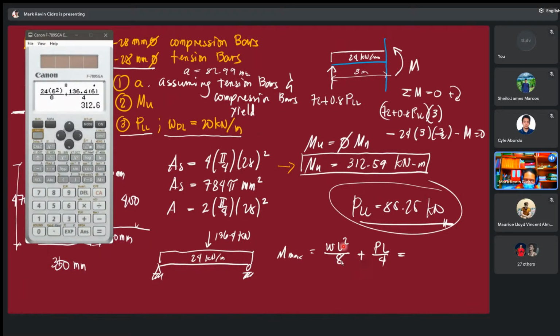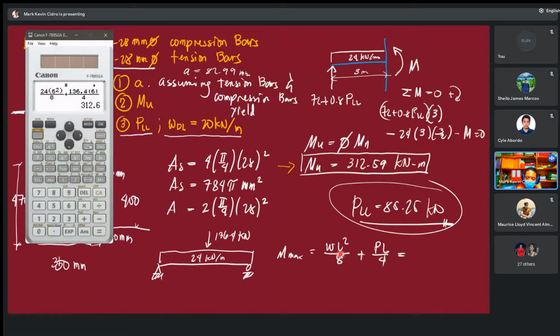Okay. Pwede niyo gamitin yung formula. Equate niyo ang M max din para ma-solve niyo ang P. Kaya nakalimut ako ang formula. This is the formula.